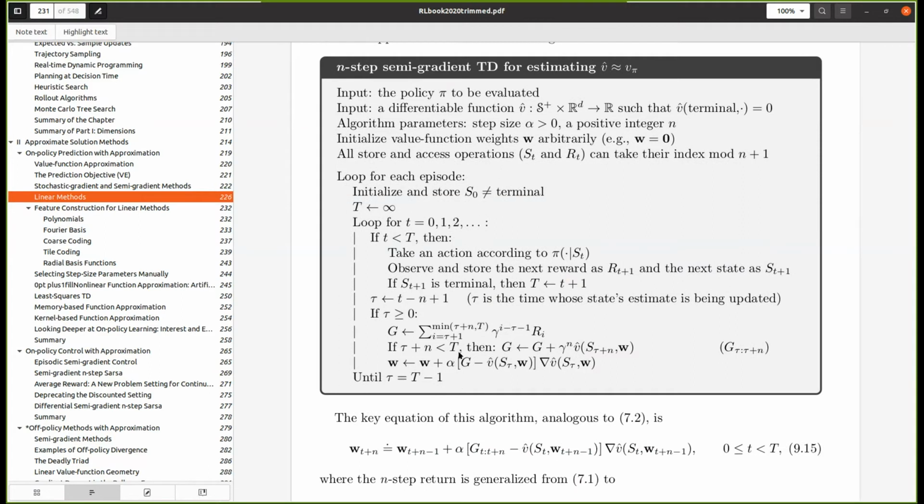So when we were deriving this bit here, it comes from the squared error, right?